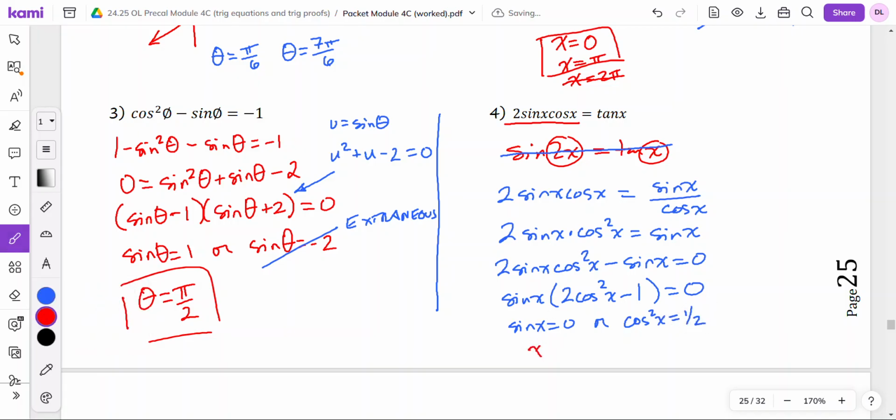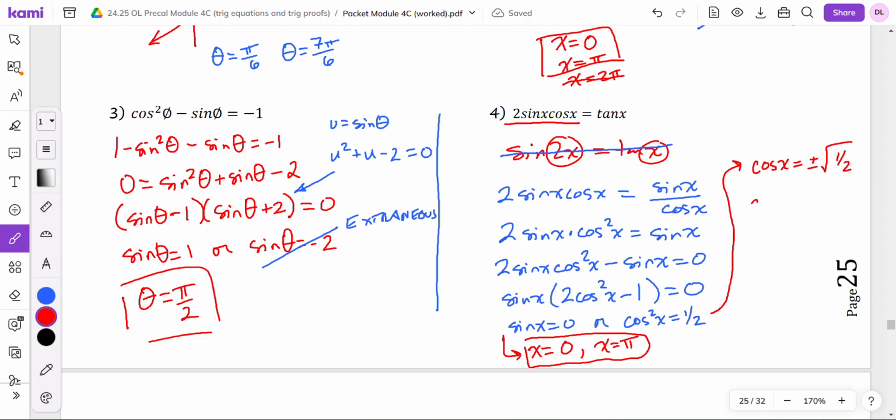Sine of x is going to equal 0 if x is equal to 0, or x is equal to pi. Once again, 2 pi is not in the interval, so those are the solutions from that one. And over here, if cosine squared of x is 1/2, that means that the cosine of x is going to be plus or minus the square root of 1/2, which means that the cosine of x is plus or minus 1 over root 2.